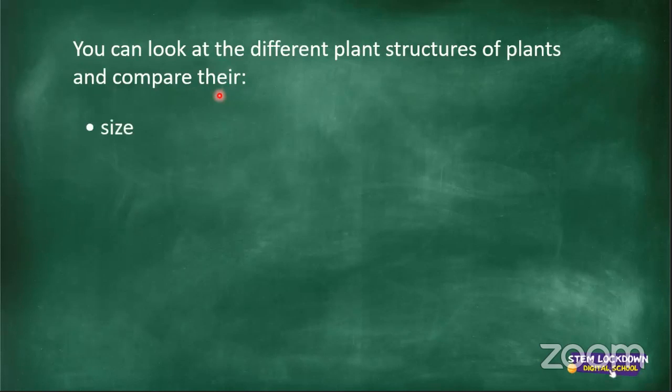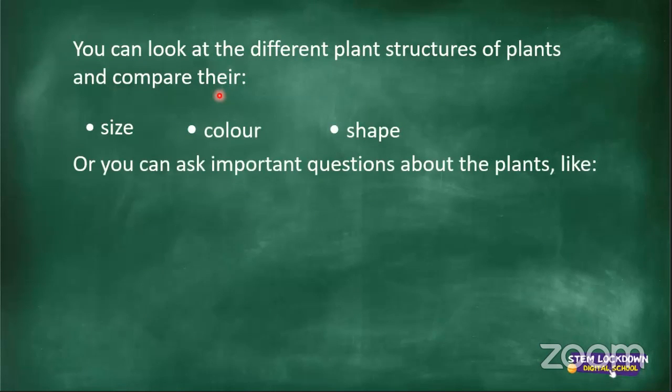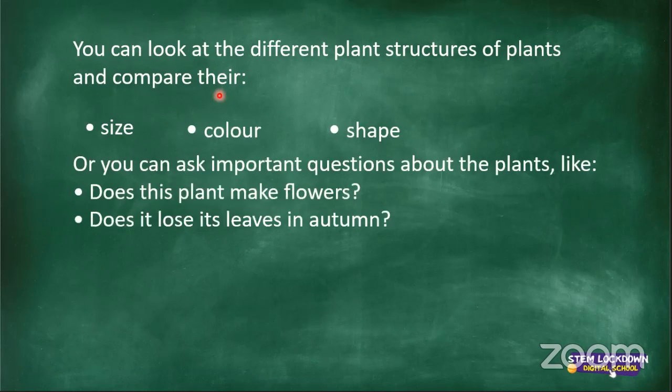We can compare the size. So if your teacher or someone asks you to compare plants, you can always compare the size of all the structures, the colors, how they differ in color, and how they differ in shape. Or you can ask important questions about the plant, like, does it make flowers?